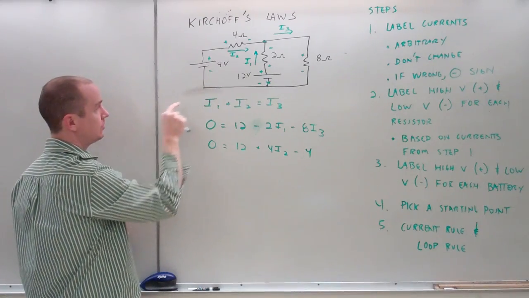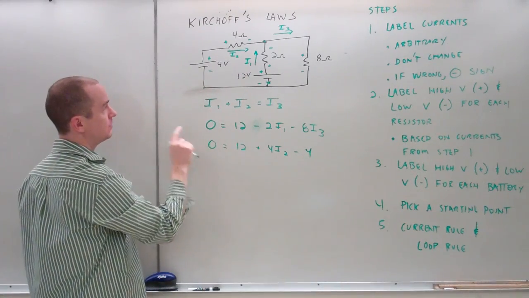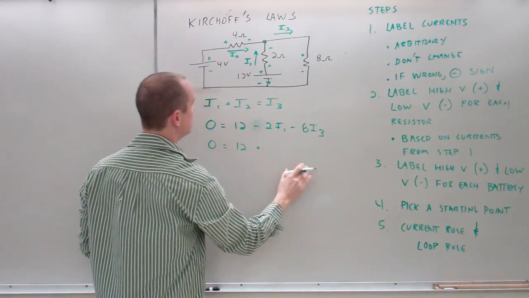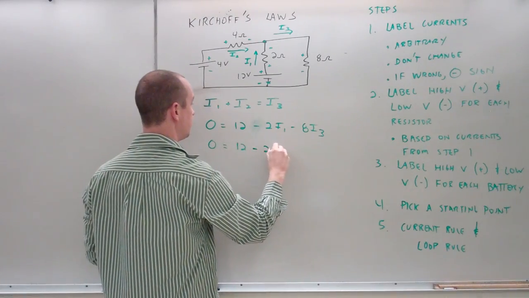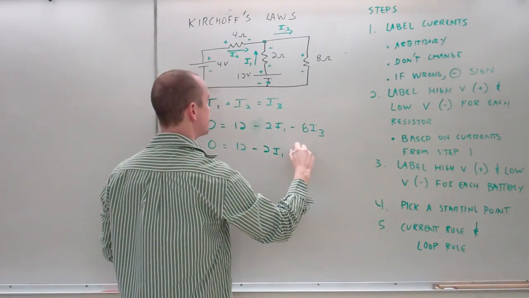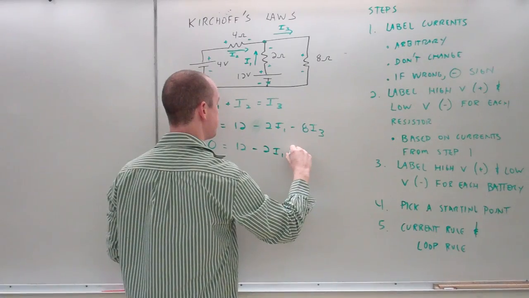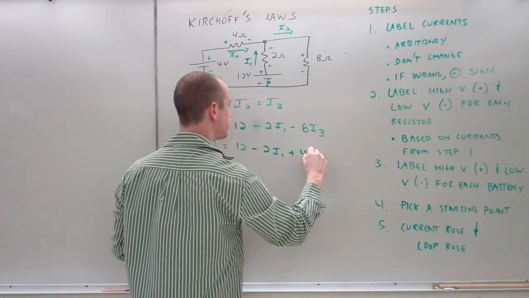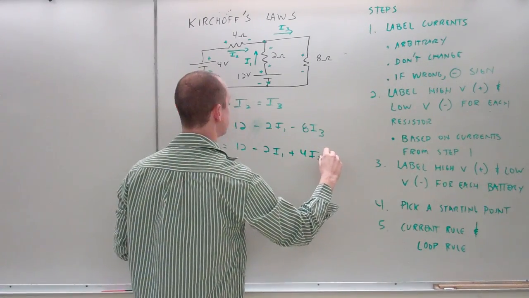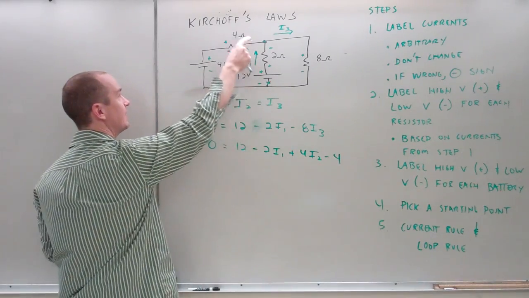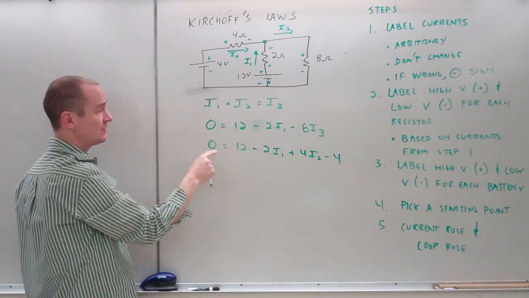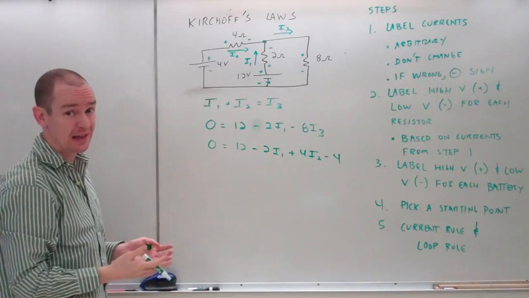Pay careful attention to your positive and negative signs. Oops. Good catch. There we go. I have 4 elements, so I should have 4 elements in my loop. That could have been bad.